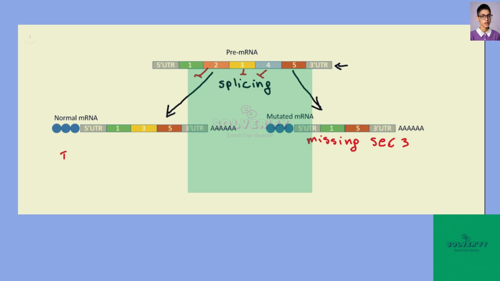So, TATA boxes are promoter regions, and this is where promoters bind. It is basically a region of the DNA that is a repeat of TA, TA, TA, TA, TA. And that is a motif that the cell uses to recognize promoters.